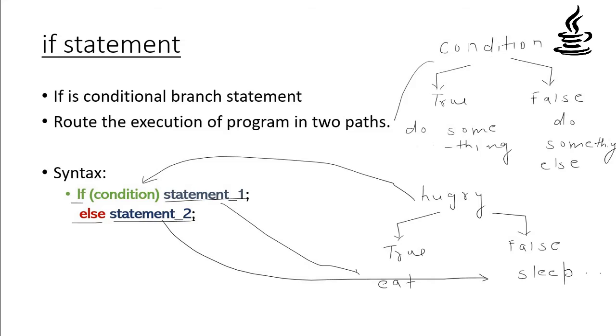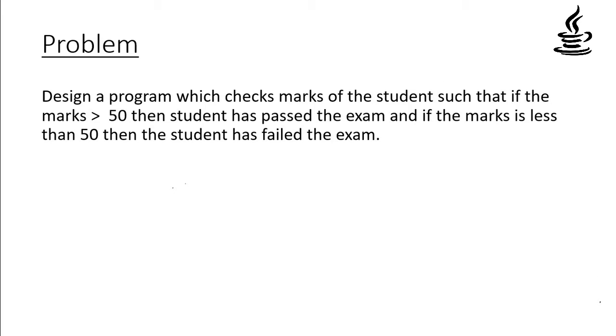So for example, let's say we have to design a program which checks the marks of a student such that if the marks is greater than 50, then the student has passed the exam, and if the marks is less than 50, then the student has failed the exam. So the condition in this whole problem statement is whether the student has passed the exam or not.